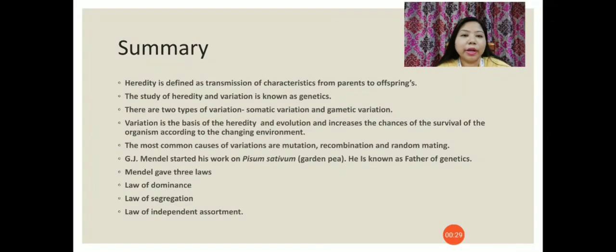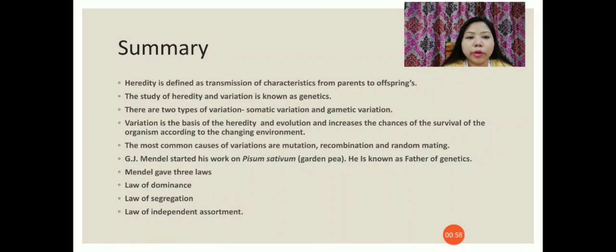Now let us summarize what we have learned in today's class. Heredity is defined as transmission of characteristics from parents to offspring. The study of heredity and variation is known as genetics. There are 2 types of variation, somatic variation and gametic variation. Variation is the basis of heredity and evolution and increases the chances of survival of the organism according to the changing environment.